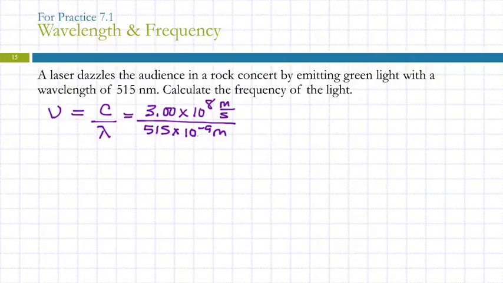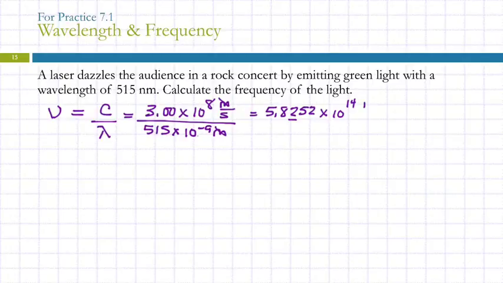So now we have meters, and those are going to cancel out. So I've got 3 times 10 to the 8th divided by 515 times 10 to the minus 9. And this would have 3 significant figures. 5.8252 times 10 to the 14.